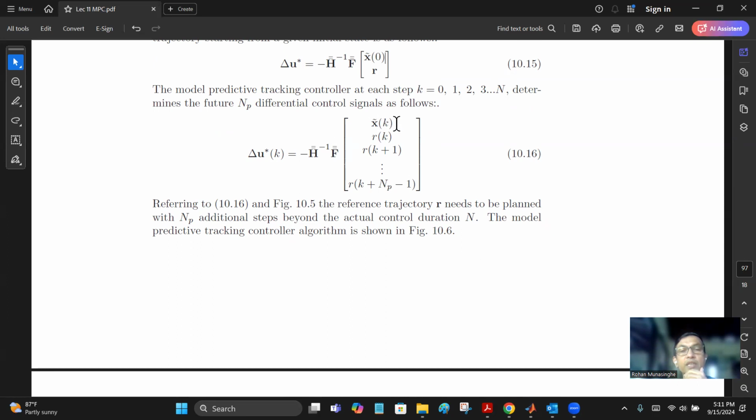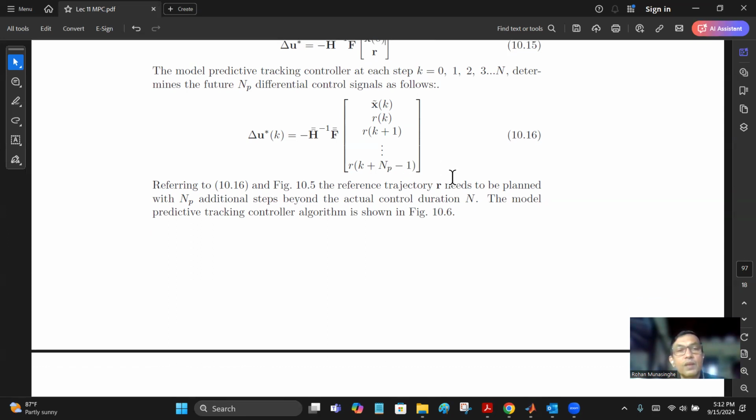So you have x tilde k, rk plus 1 up to rk plus np minus 1. You can have your references changing. You don't have to have a fixed reference now. Even different reference signals can be used, but they are constant. They don't depend on any of the other variables. They are constant, but they are different, not the same thing. So that is why it is called tracking.